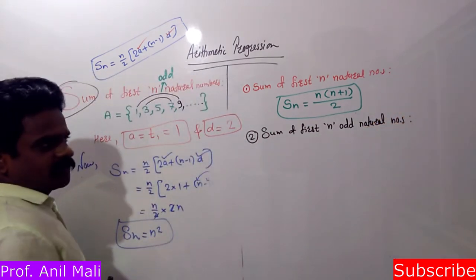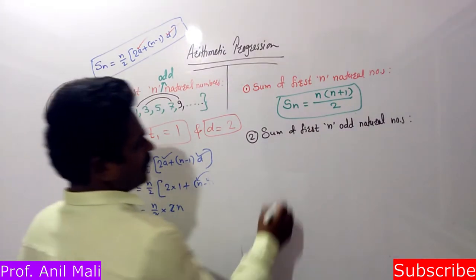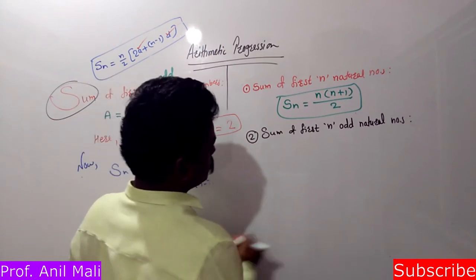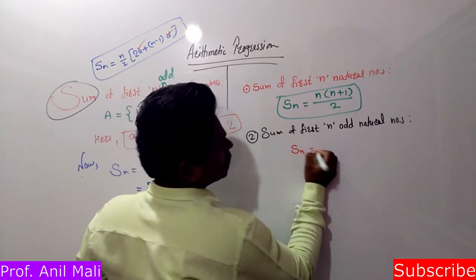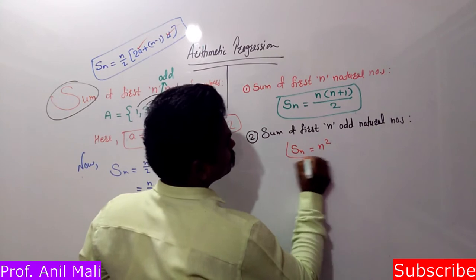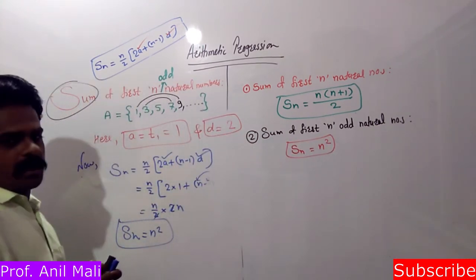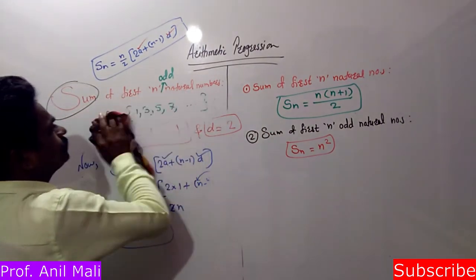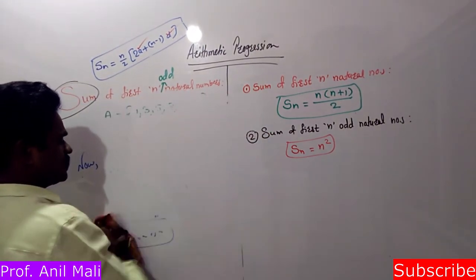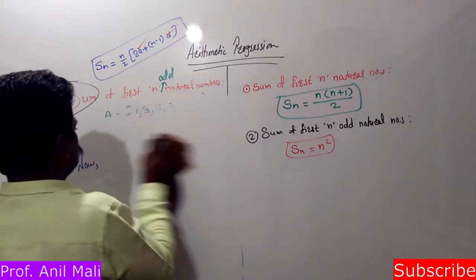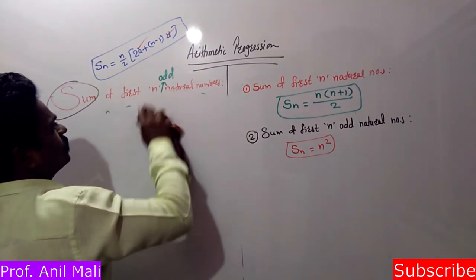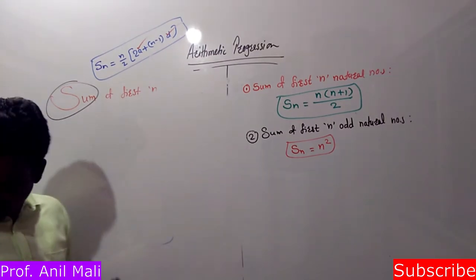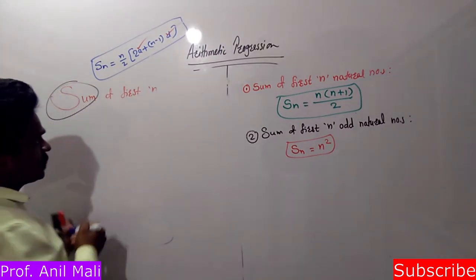Okay, and it is given as Sn is equal to n square only. First n odd natural numbers sum is n square. Fine. And now sum of first n even natural numbers. Sum of first n even natural numbers. That is the third formula which we are going to discuss here.